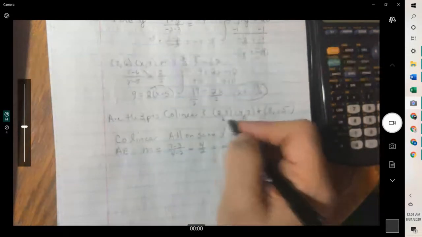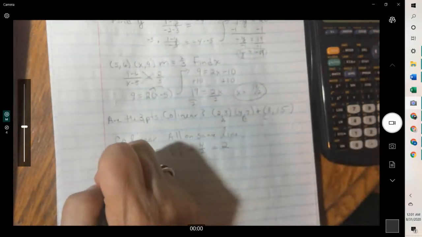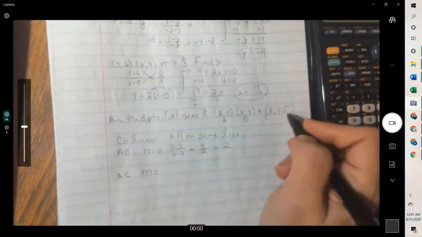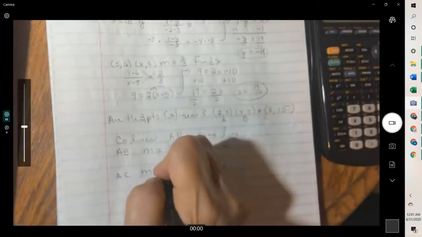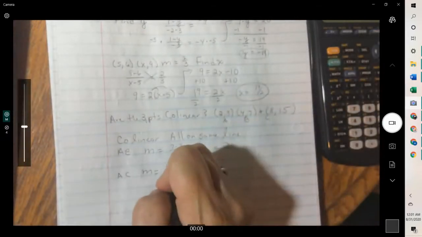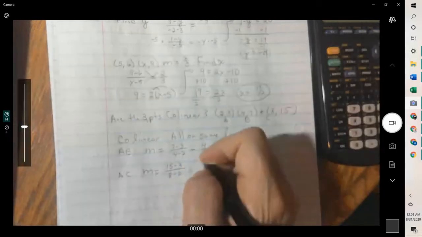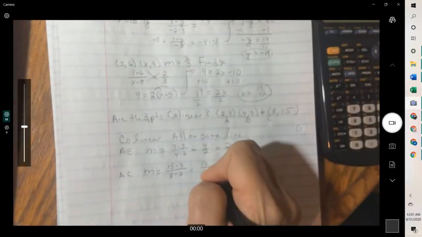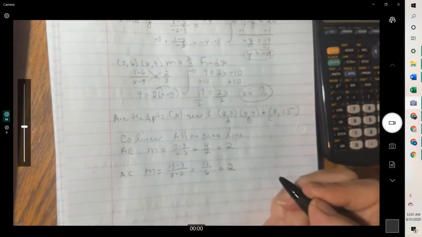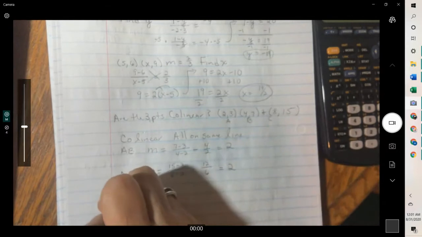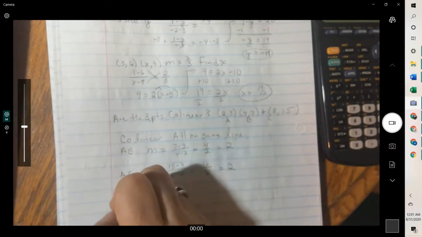Now find the slope for AC. 15 minus 3 over 8 minus 2. 12 over 6, which is also 2. So if the last one, BC, is the same, then they are collinear.